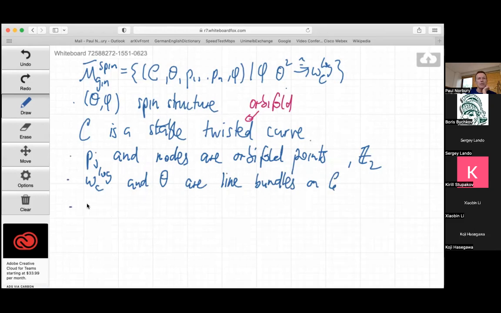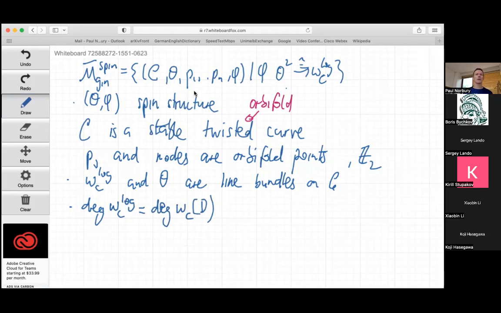The degree of theta is half the degree of the log canonical. So the degree of the canonical is usually 2g minus 2. Maybe I'll write that out. So the degree of theta is half the degree of omega C log D. This is the log canonical, where I'm allowing simple poles at the points P1 through Pn.